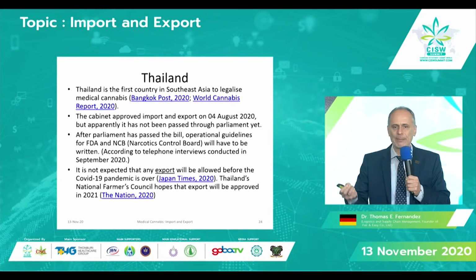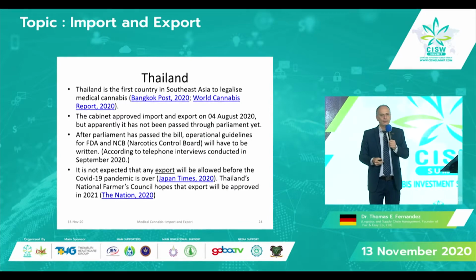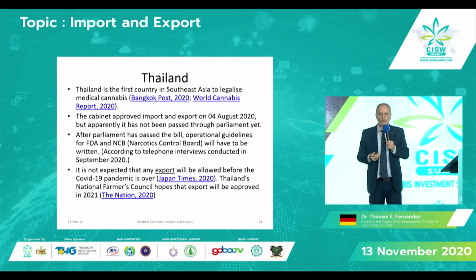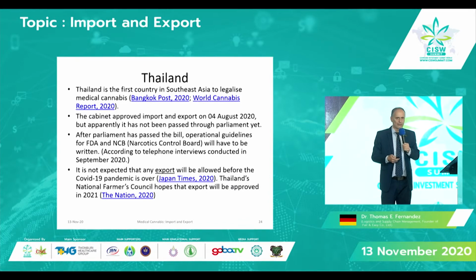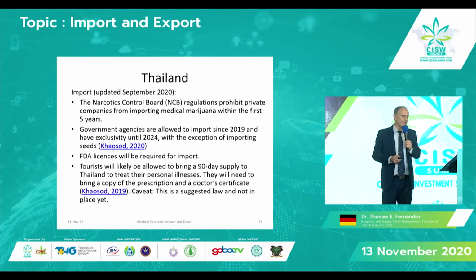The cabinet has approved it, but there are no regulations for the Narcotic Control Board and for customs and so forth to export this yet, and apparently no decision or regulation is expected before the end of COVID. So the farmers hope that this will be approved next year.